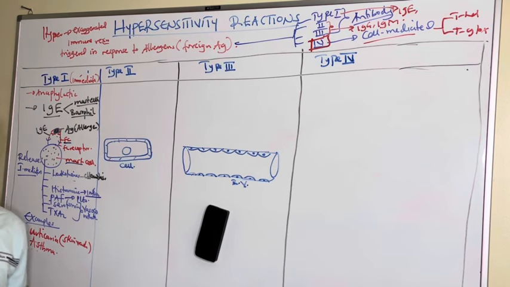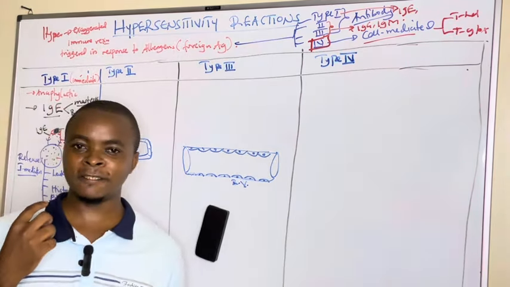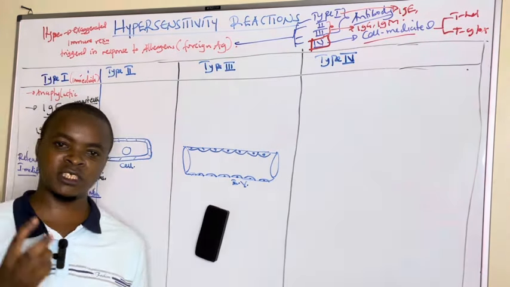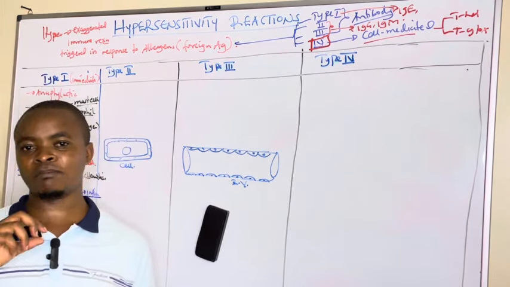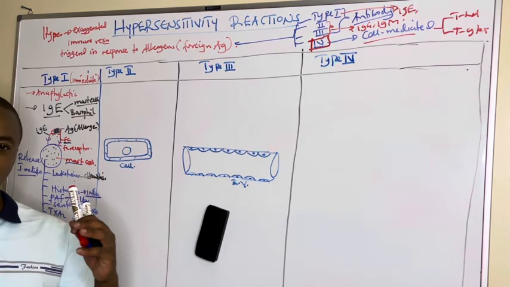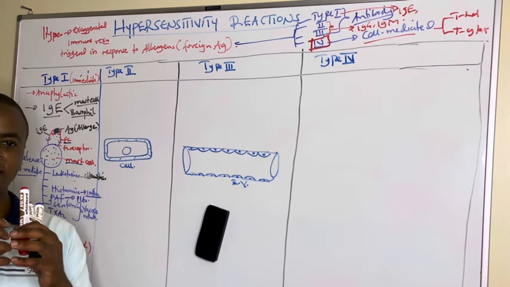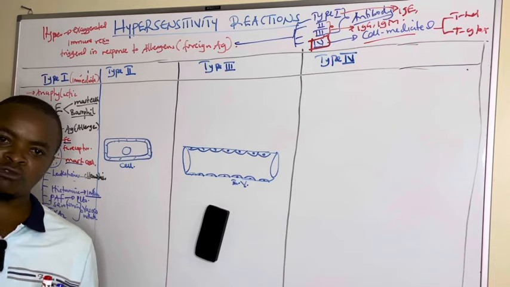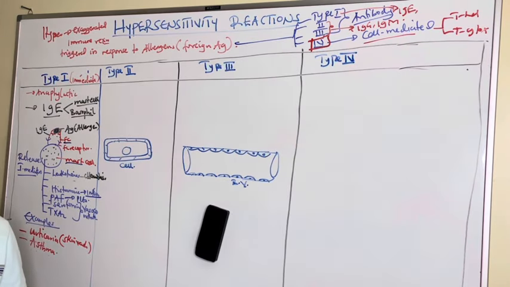So what we need to remember about type 1 is that the antibody which is involved is the IgE, which binds to the Fc receptor on the mast cells or the basophils, complexing or neutralizing the allergen, leading to degranulation, which triggers production of inflammatory mediators, which we have listed here.